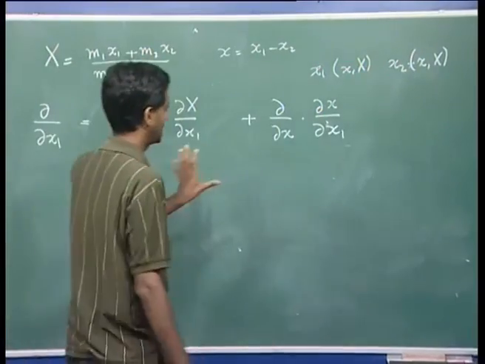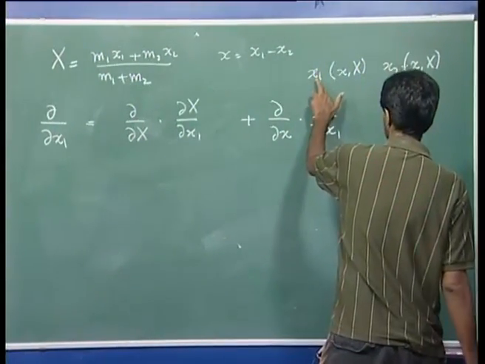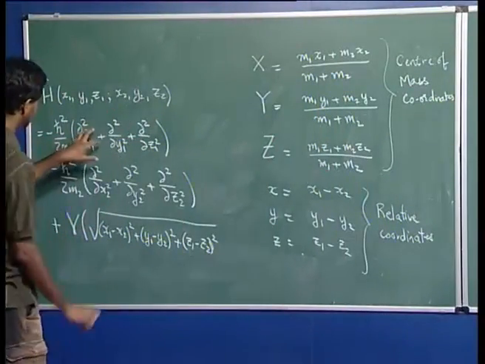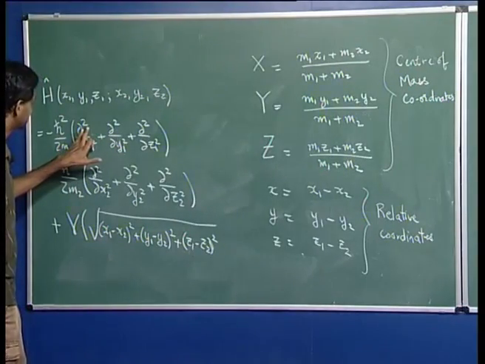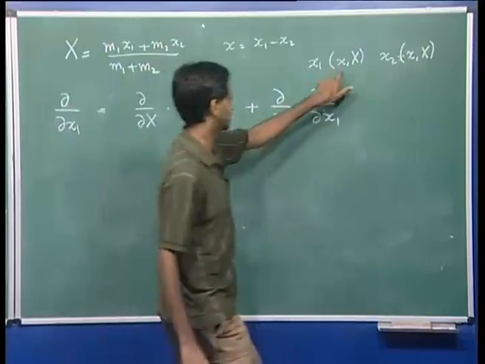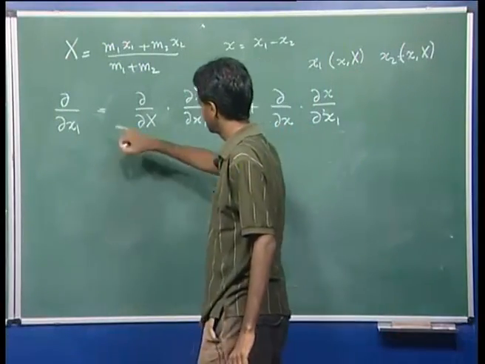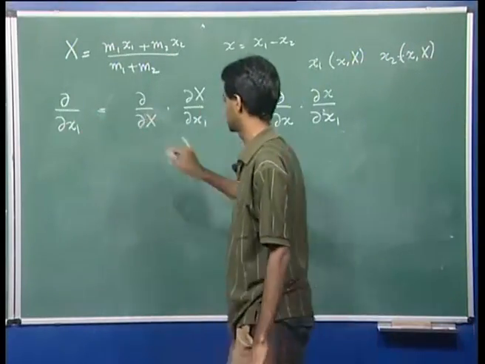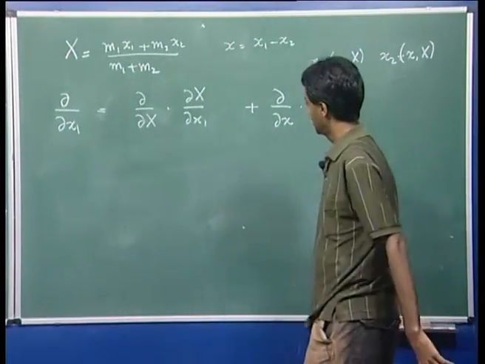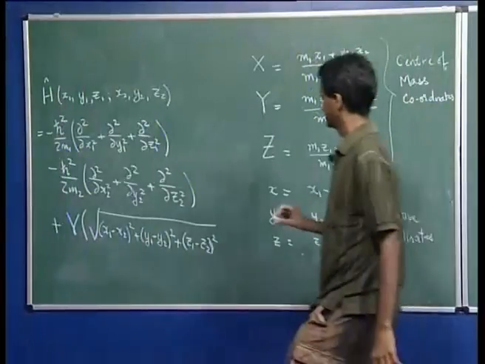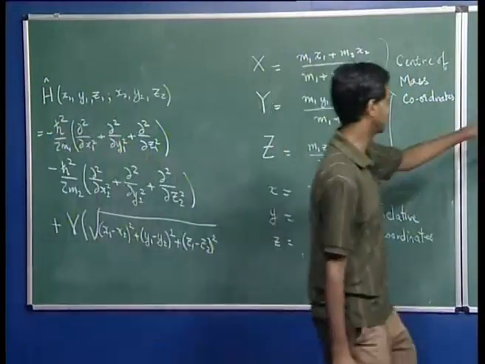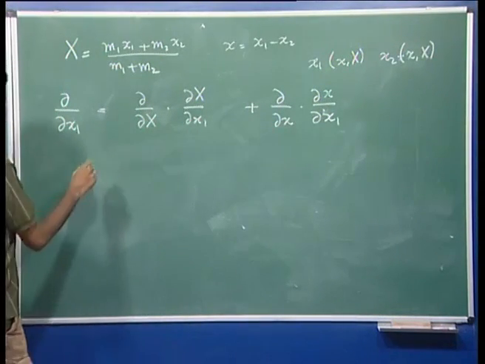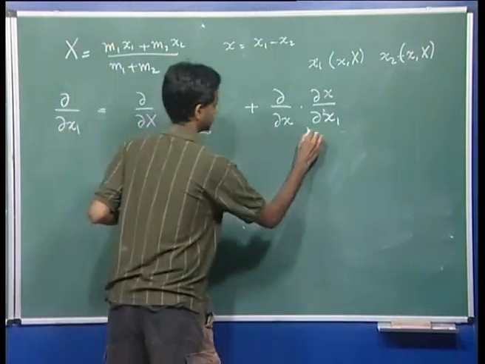And once I have my function, this Hamiltonian operates on some function, and if I can write that function as a function of little x and capital X, then I can use the chain rule for partial derivatives, which we used earlier, to write the derivative with respect to x1 in this form. Okay. And so if this operates on some function, it will operate on the same function here, and that function will appear here. Okay. So the question is, what is this and what is this?